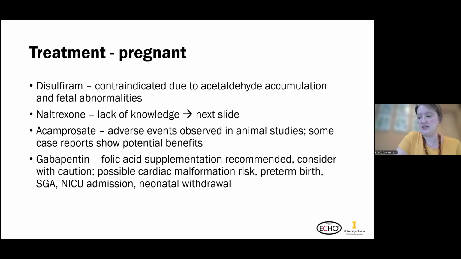And the general recommendations are having an informed consent discussion with the mom, as there are some potentials for cardiac malformations, preterm birth, risk of NICU admission, and higher risk of neonatal withdrawal from gabapentin, and that's all for gestational age, and using the lowest dose that is still effective. So that's one that's kind of like consider with caution, but still has been used.